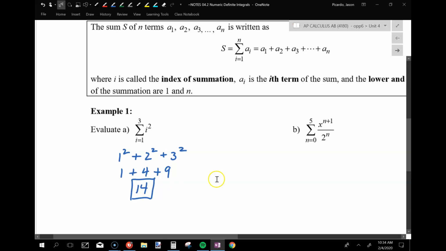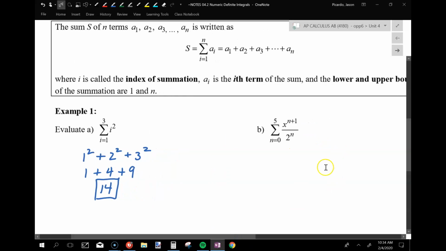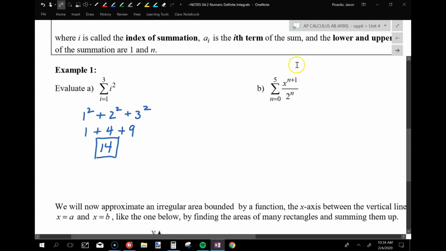Well, what am I showing you here off to the side for example B? What I'm saying now is when I plug these values in, I can be left with some algebraic expressions, can't I? So if I started at 0, what would I have? I would have x to the first over, what's anything to the 0? 1. Yeah, so I would have x.